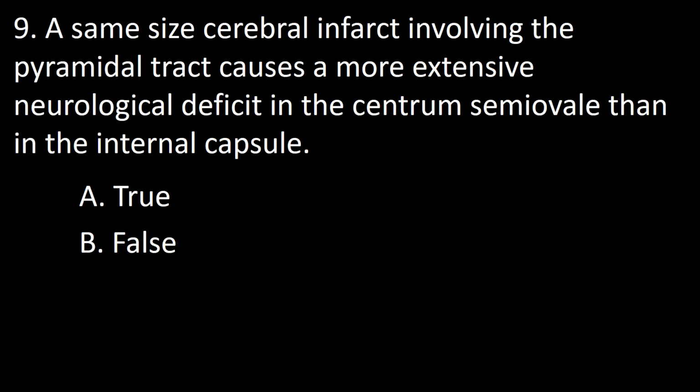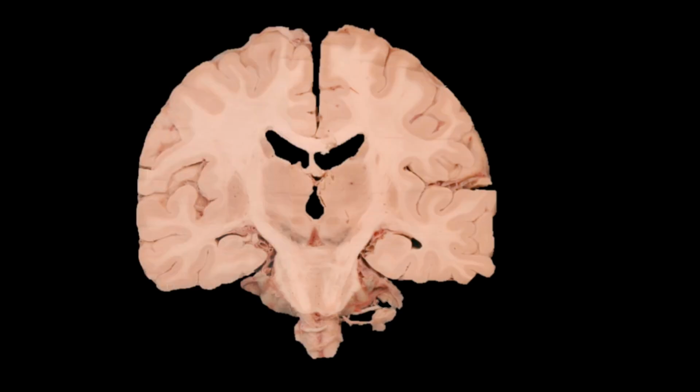Next question. A same-size cerebral infarct involving the pyramidal tract causes more extensive neurological deficit in the centrum semiovale than in the internal capsule. A true, B false. This is a coronal cut going through the internal capsule.